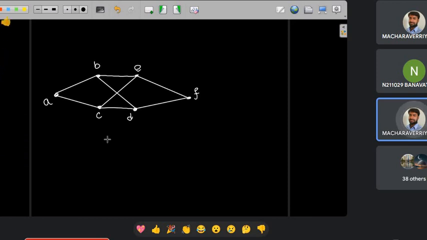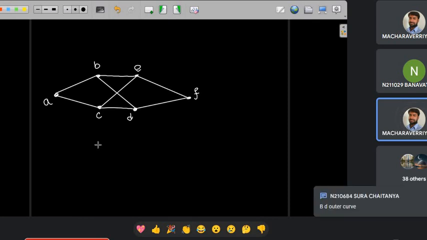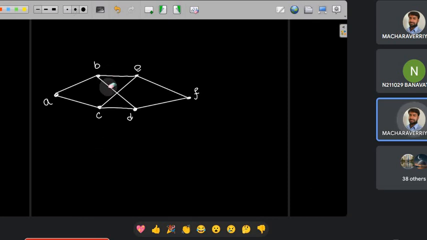So what adjustments are you going to make? Where the intersection is happening, simply we can take this BD edge, and you connect it this way. That's it, this became a planar graph.